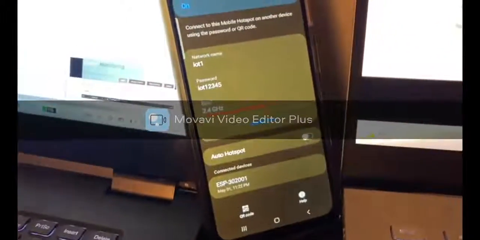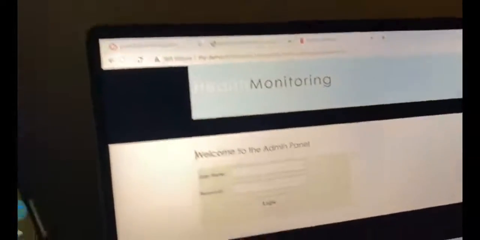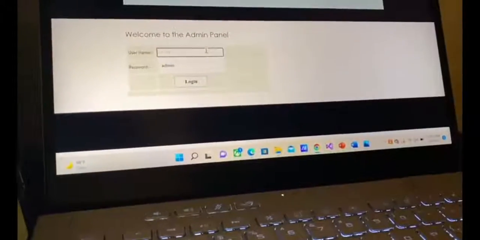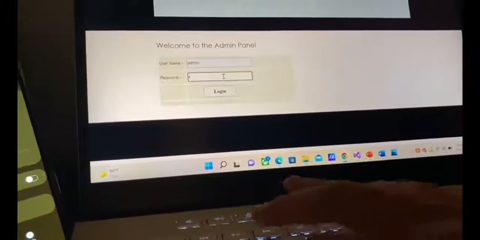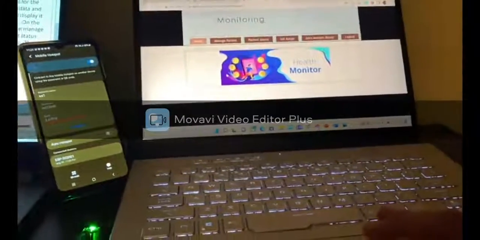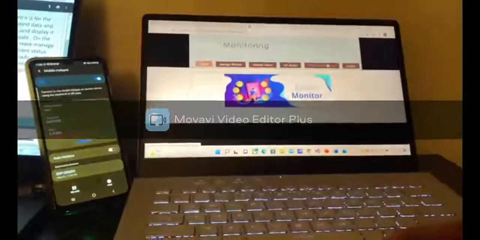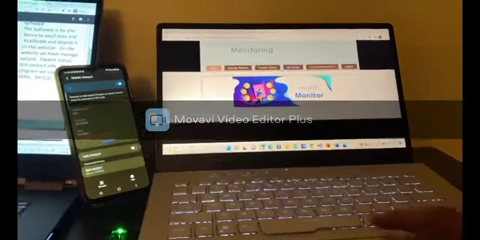It's connected to our hotspot. So then we go to the website that we created. First we log in. And you can clearly see we have manage patient status, step range, data analytic result, and log out.